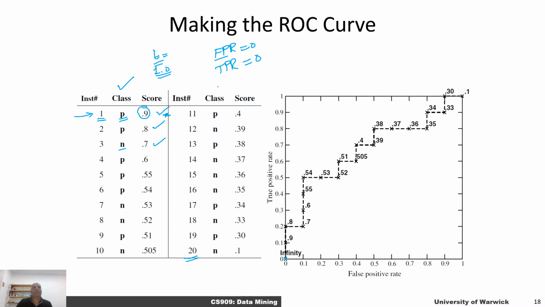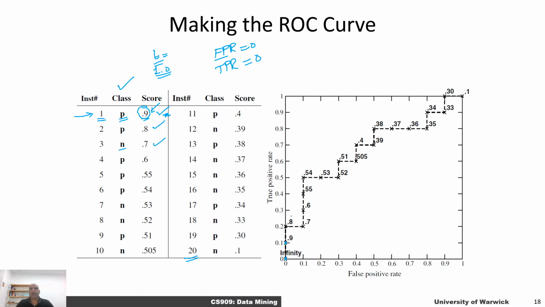And then we change the threshold value to the next available score. So let's say we've got a score of 0.9. If I pick that score, then this example is now classified as positive, whereas all the other examples are classified as negative. Then I can calculate the false positive rate and the true positive rate again, and I can add a single point to this curve.